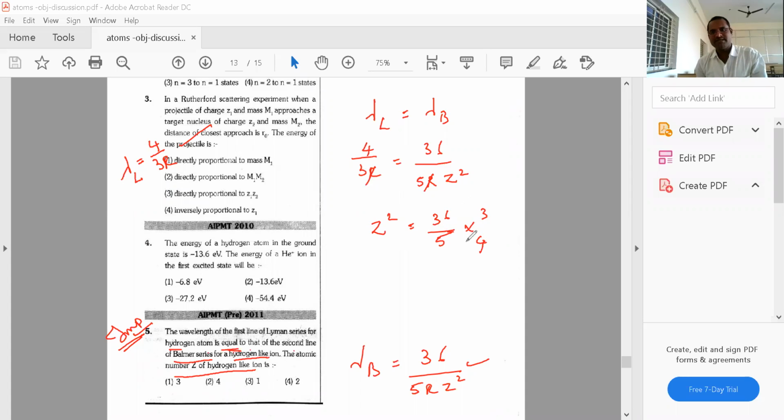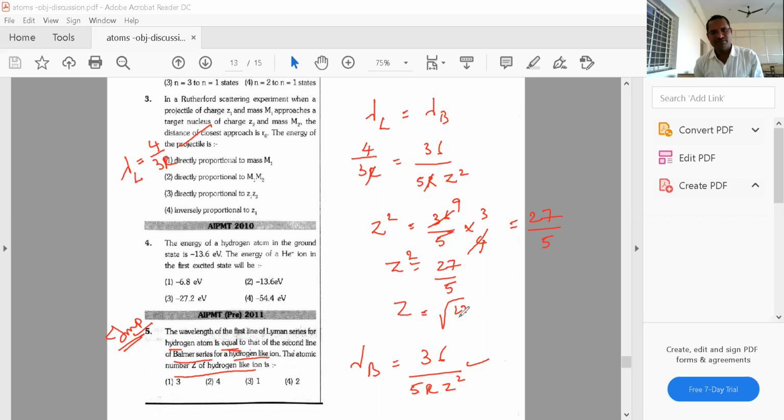Yes. So calculate now. What will you get? 4 ones are 4. 4 nines are 36. 9 threes are 27. So Z square is equal to 27 by 5. Then what is the Z value?